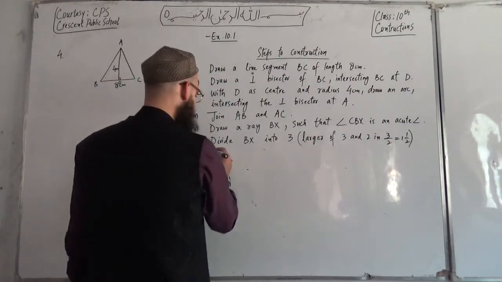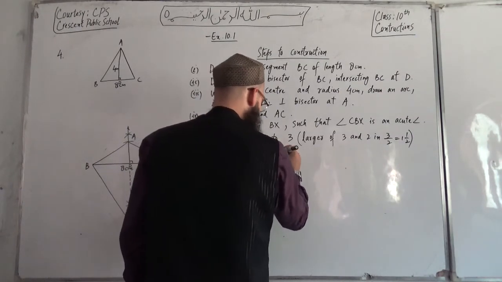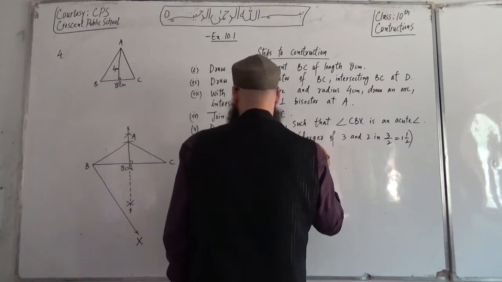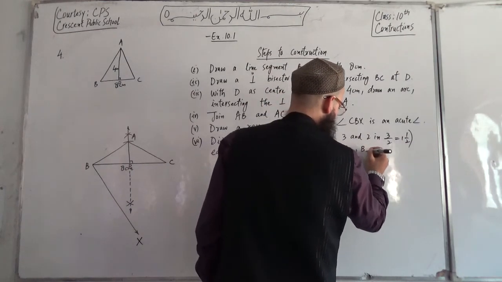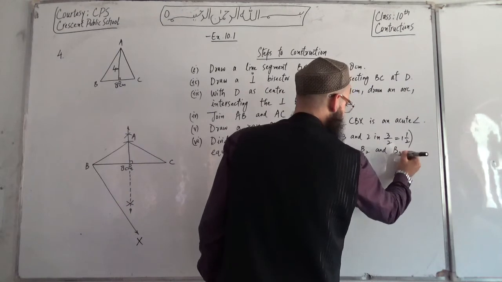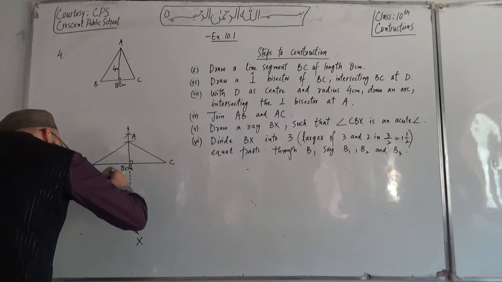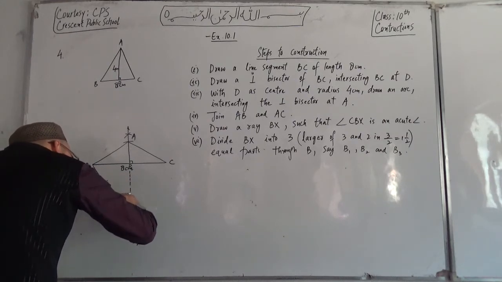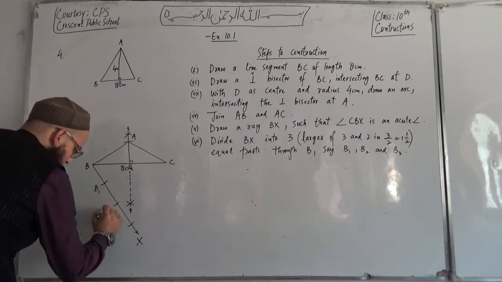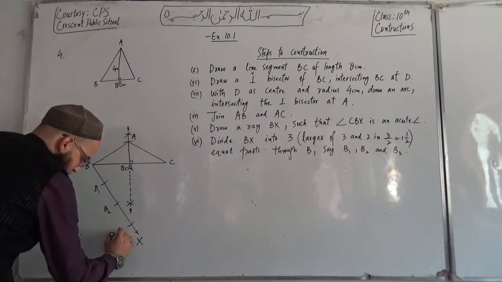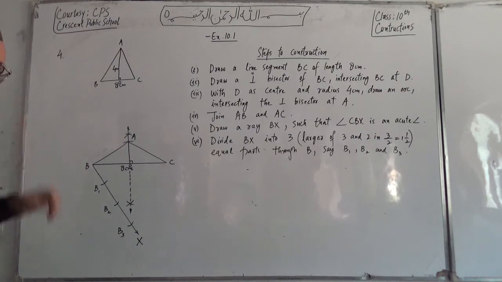Divide BX into 3 equal parts through B, say B1, B2 and B3. So it goes like this. 1, 2 and 3. B1, B2 and B3. You got it?